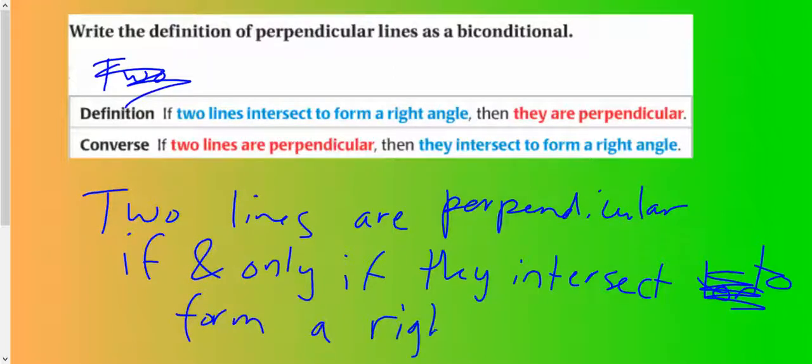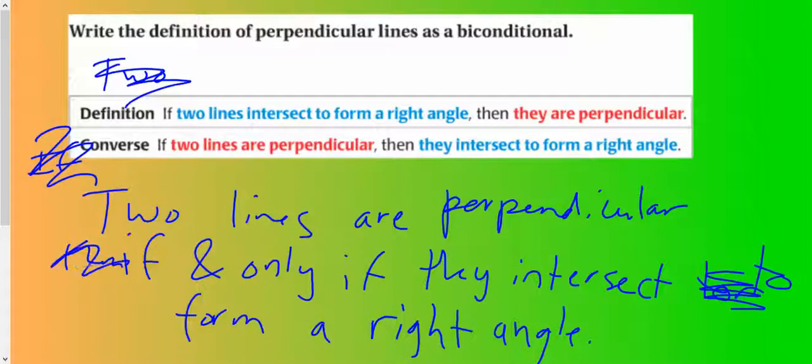Now, two things to notice here. One, I did not use if and then. So there's not an if here, and there's not a then. And I have the phrase if and only if in the middle. So that's how you write a definition. If the original statement is true, and the converse is true, you can write a definition.